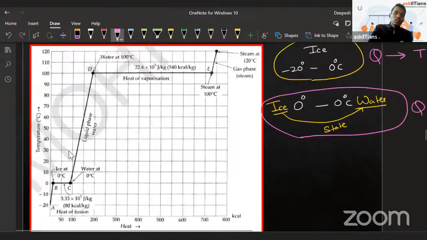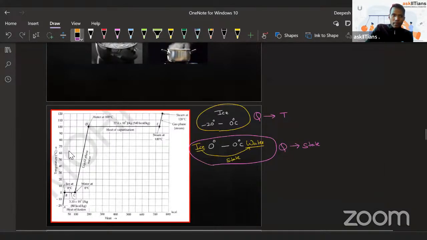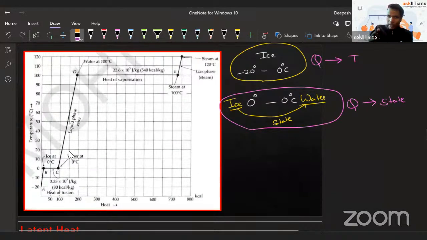Whereas again, in this setup from 0 to 100, you will see that we are taking water at 0 to water at 100. So of course, again, we are increasing temperature and the heat is also increasing.